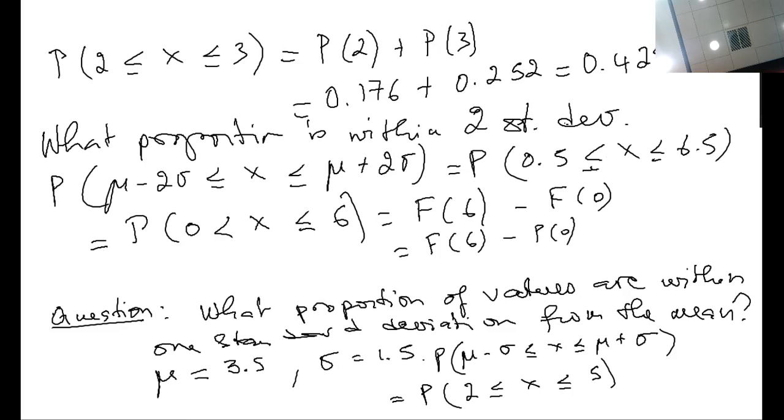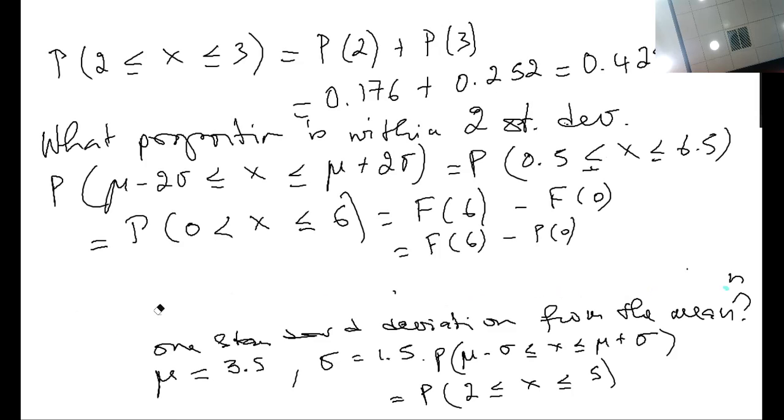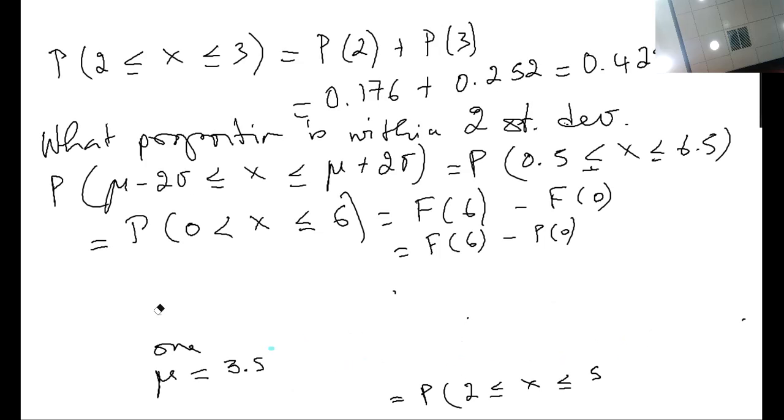We had a formula for P of A less than x less than or equal to B. When we were covering discrete distributions, we said that the probability that A is less than x less than or equal to B is F of B, where F of B is the probability that x is less than or equal to B.